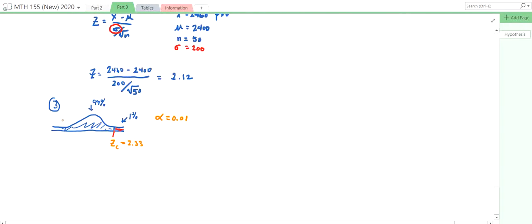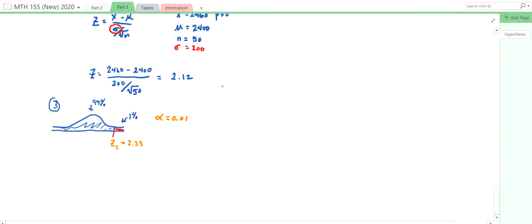And you can find this easy enough. You can go to your z table and into the body of the z table and look at an area of 99% or 0.99 or as close to 0.99 as you can find. I think you can find 0.9901, and you back calculate your z and it's 2.33. So 2.33 is the critical value.